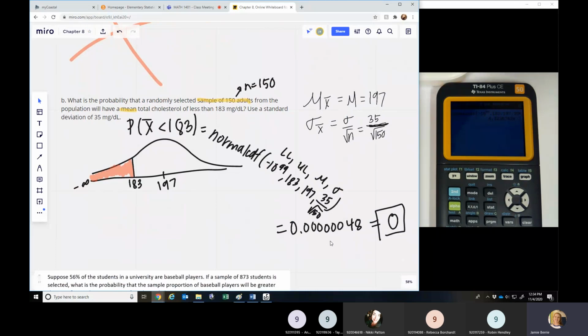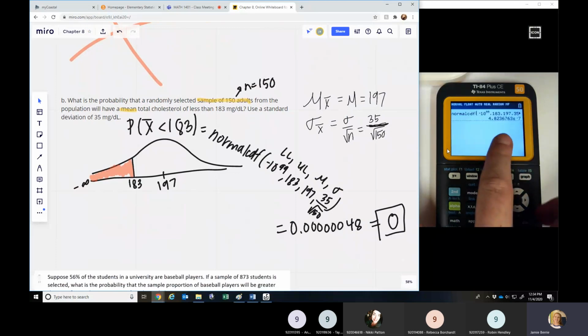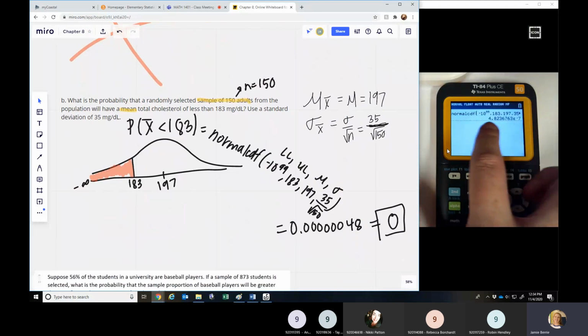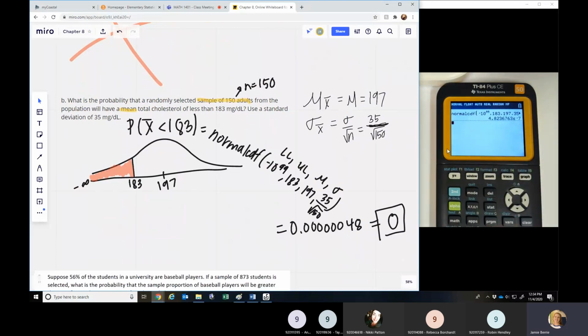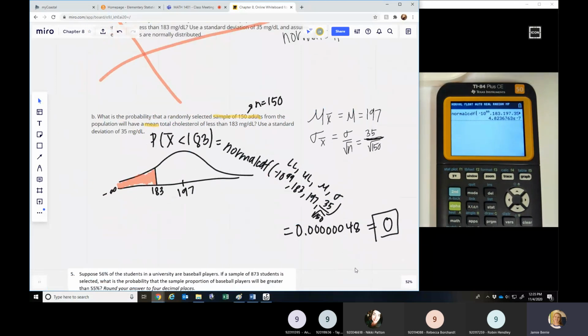There's no questions on the quiz where I'm trying to trick you. So if you get a weird answer like this, you should not get any weird answers like this on the quiz. All of your answers on the quiz should be nice numbers that can easily be rounded to 4 decimal places or however many decimal places I ask you to.